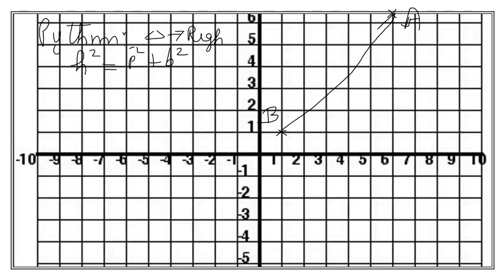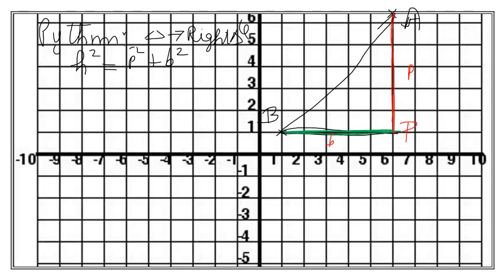So we take this as a right angled triangle. The green line that we can see is my base, and the red line is my perpendicular. They intersect at a point P.